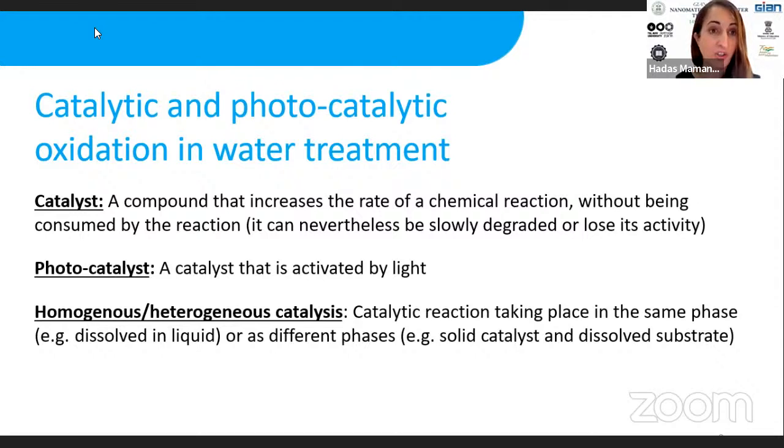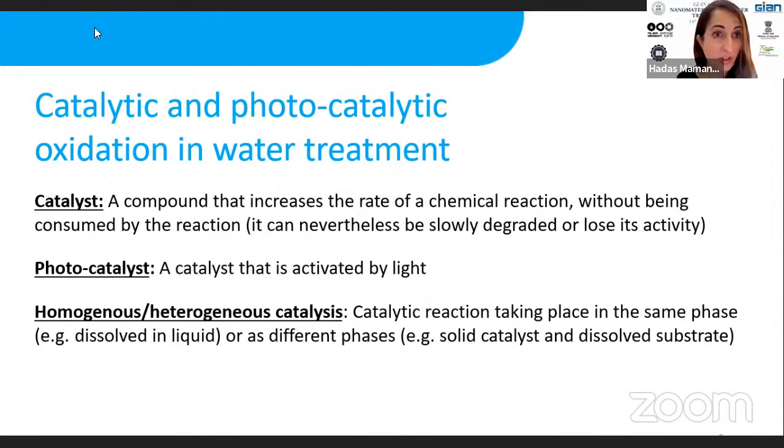Ozonation, for example, needs to be generated on site. Hydrogen peroxide is very problematic to store. We need to add a stabilizer to the hydrogen peroxide, otherwise it will degrade really quickly. Hydrogen peroxide in the industry is not at the same concentration as we use in the lab. In the lab, we use 35% that also has a stabilizer.